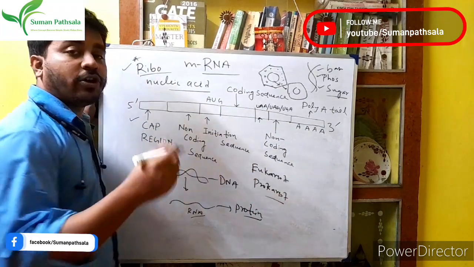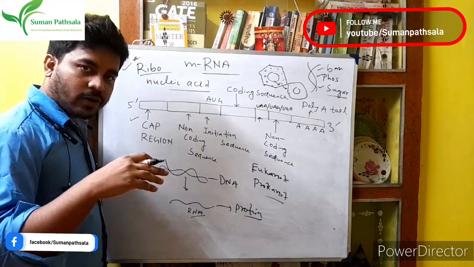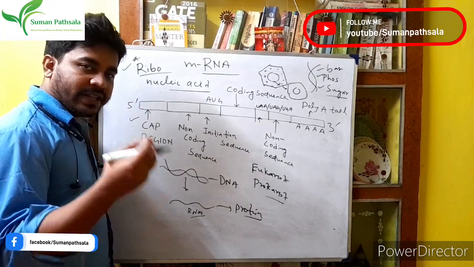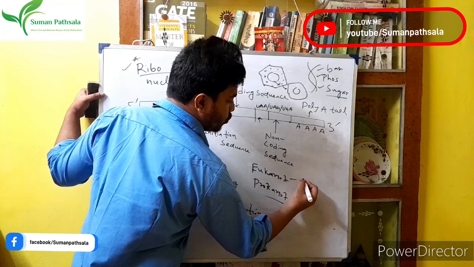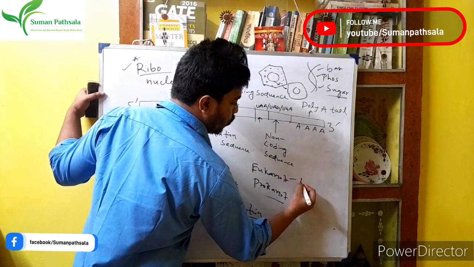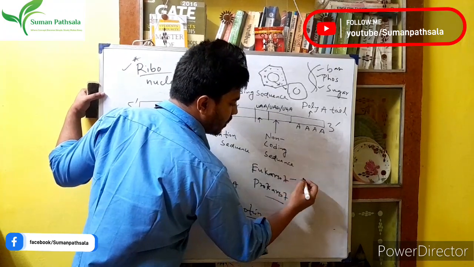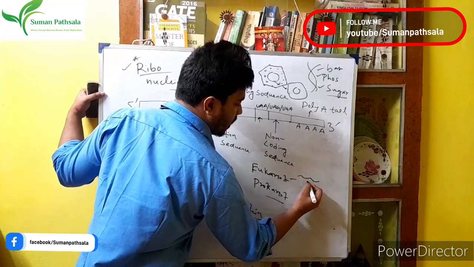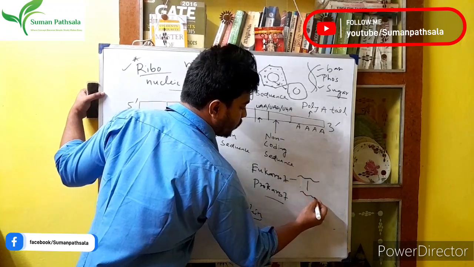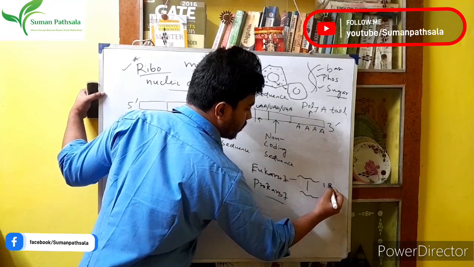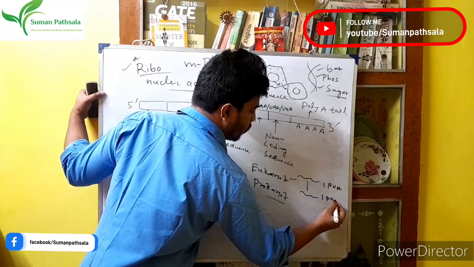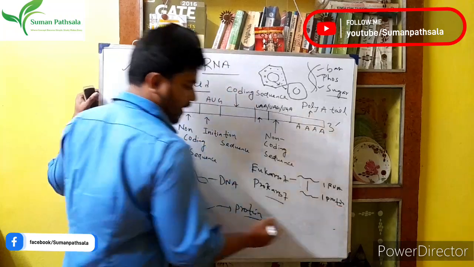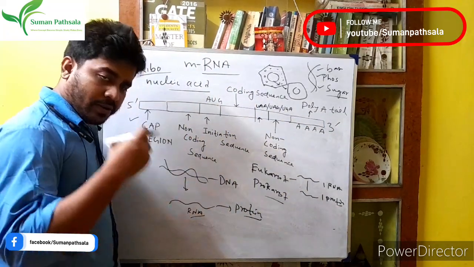In case of eukaryote, meaning us or plants, they are more advanced. Here, from the one mRNA, they produce one protein. From the one RNA, they also produce one protein. Okay, in case of eukaryote.